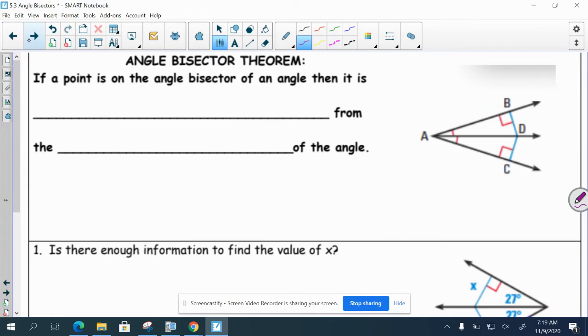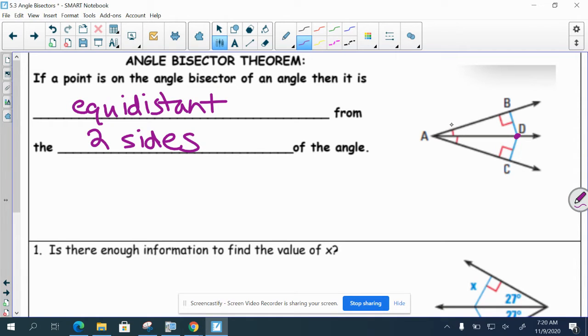So the angle bisector theorem says if a point is on the angle bisector of an angle, so here we would be talking about point D is on this angle bisector, then it is equidistant from the two sides of the angle.